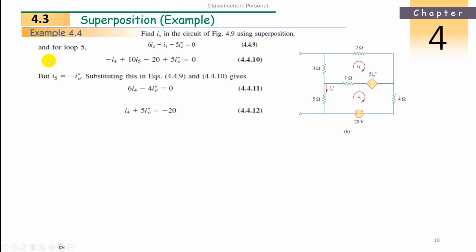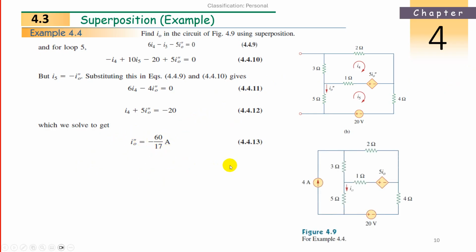So now we have I4 and I0 double dash in these two equations: two unknowns, two equations. Solve in any technique, elimination or Cramer's rule, you will get I0 double dash as minus 60 by 17.